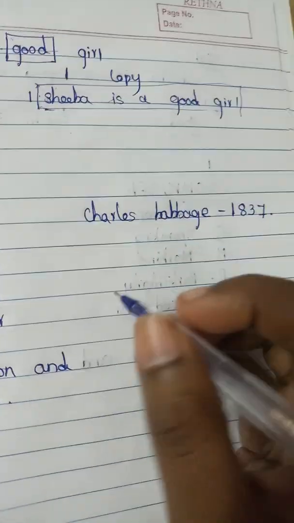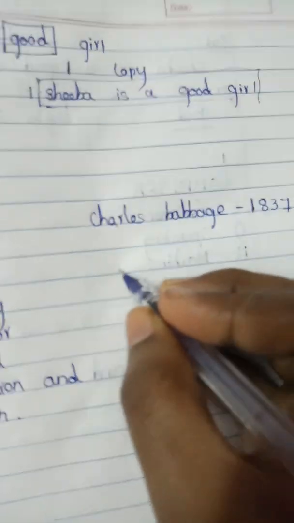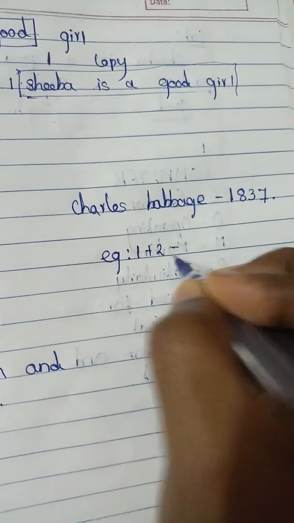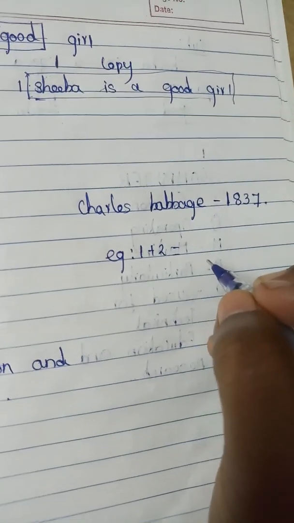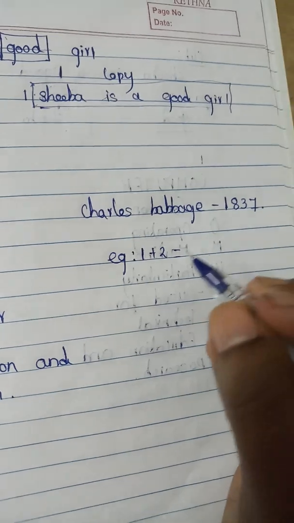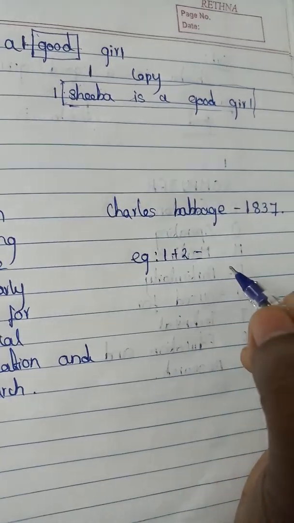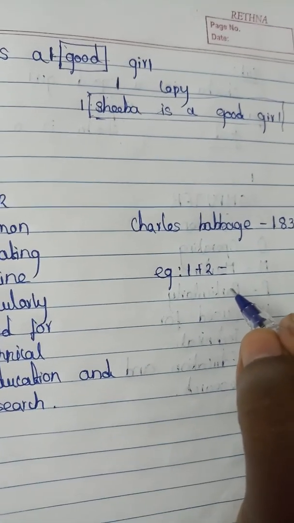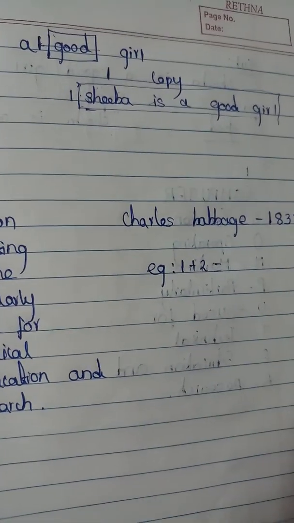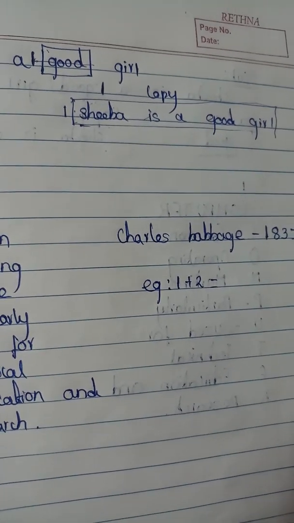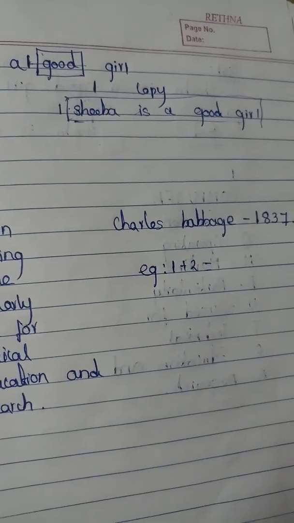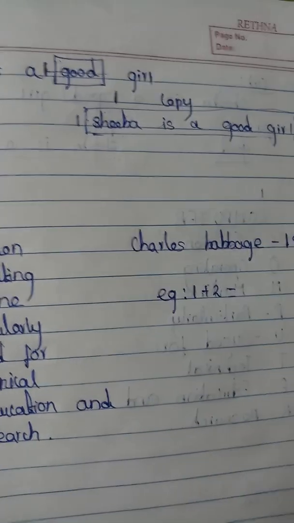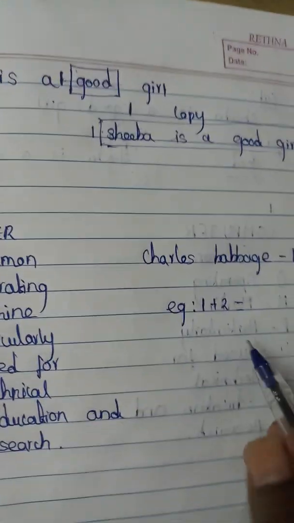For example, if I ask you the question, 1 plus 2 is equal to what? What will we do? If someone is asking or writing the question like this, it suddenly enters into our brain and we will say 1 plus 2 is 3.